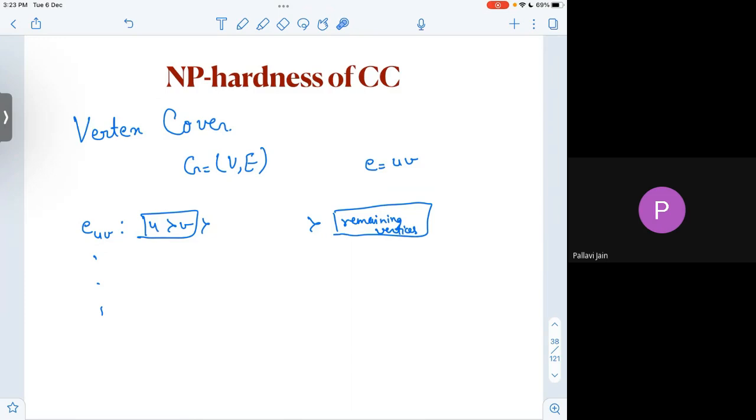In vertex cover, I am looking for a k-sized vertex cover, and that k and the committee size k are the same. So here you have instance G comma k, and committee size is also k. So this is the goal. Do you all understand why I am doing this?